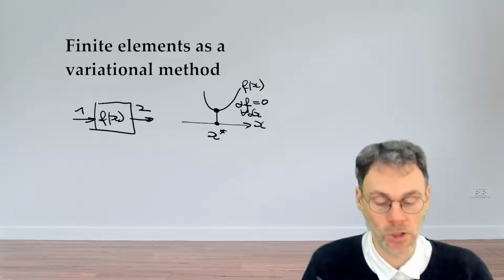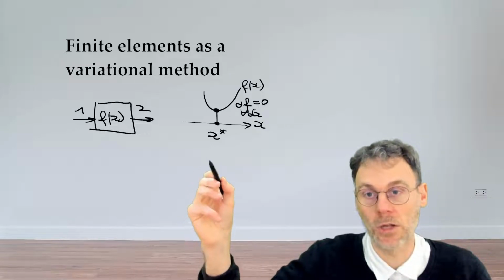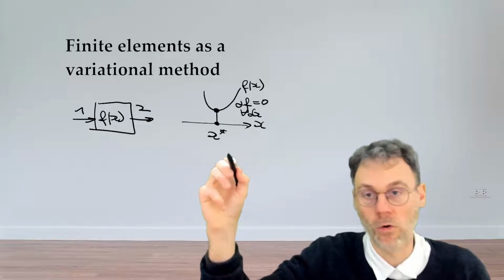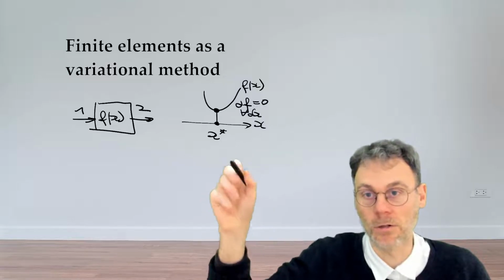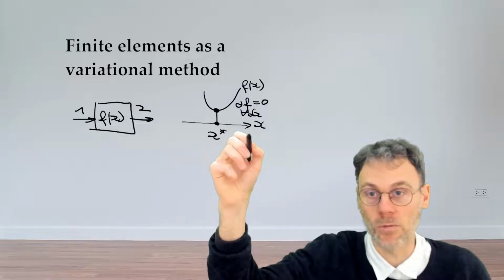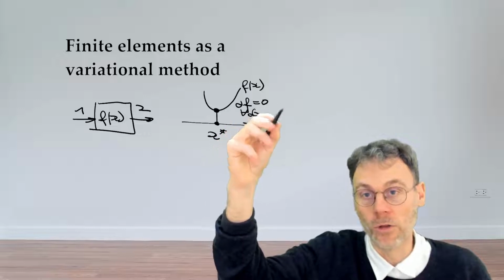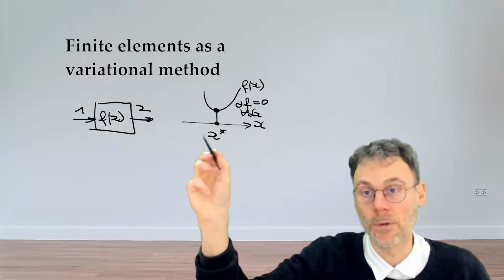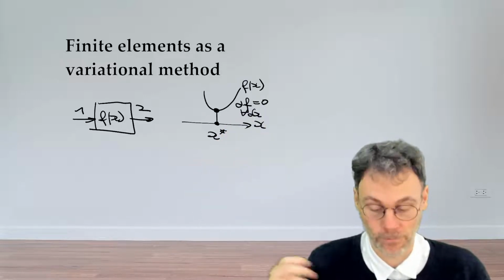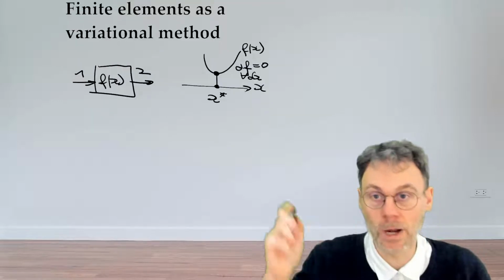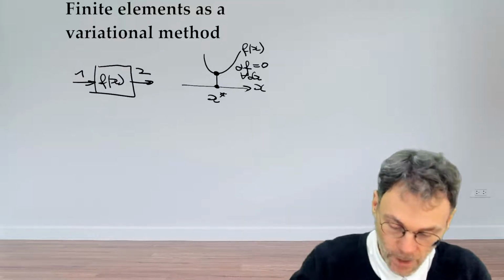You can either make a change in the positive x direction or in the negative x direction, but that doesn't really matter. For all possible changes delta x you make in the input, the output will not change to first order, simply because we're working in this extremum over here. Okay, so this is something you know, perhaps with slightly different notations.